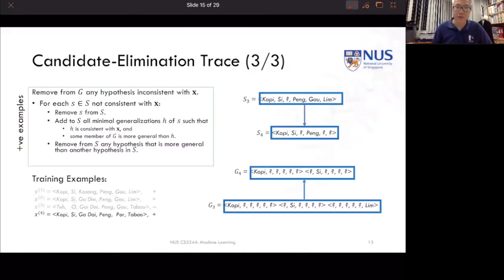Let's go to the final step. The final step is to go back to the first portion because we have a positive training example. So again, the first half of the algorithm dealing with positive examples applies. Again, what we're going to do is go to the specific boundary and generalize it. But we also, in this case, have to do some movement on the general side too. Why is that?